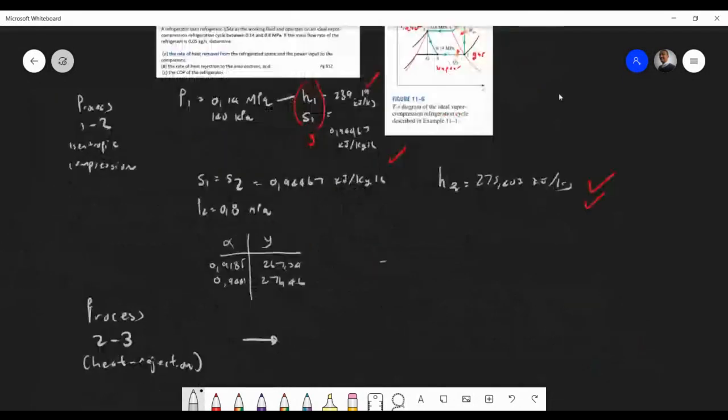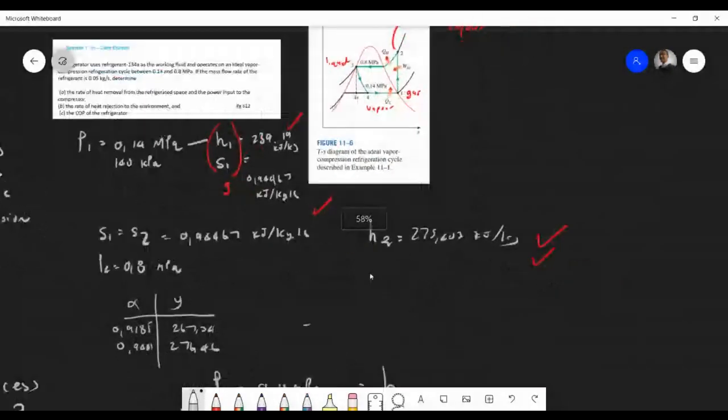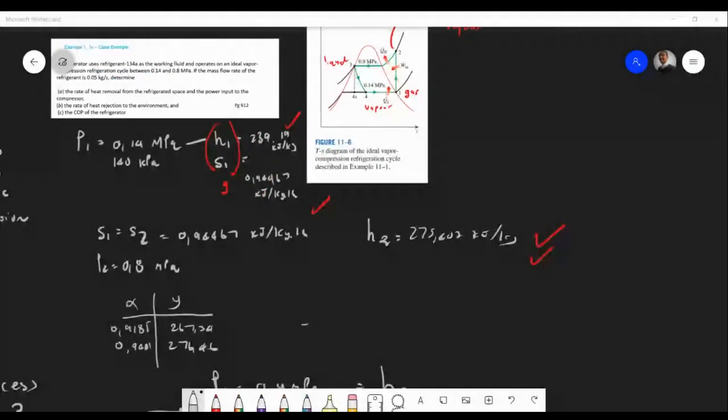So you have to go to the pressure of 0.8 MPa, 800 kilopascals, on your saturated tables and find what H3 is. And as I mentioned, H3 and H4 are the same, because it's isenthalpic.